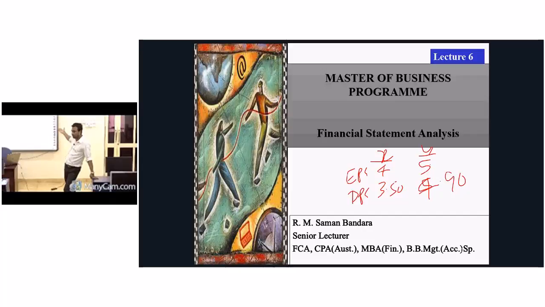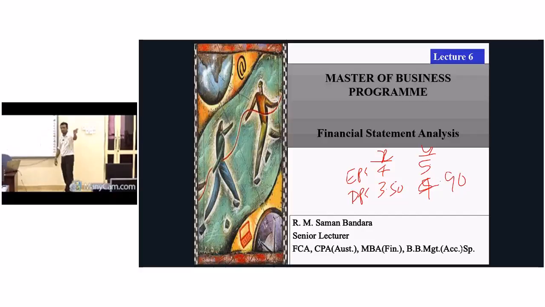Let's assume only these two pieces of information we have. Why? Look, here they earn 5. Out of 5 earned, already paid. If I am a new investor, already 4.90 paid. As a new investor, you don't have anything to take in that. Look at the way that we need to analyze. But there, they earn 4, but they have paid only 3.50, which compared to the other is less.